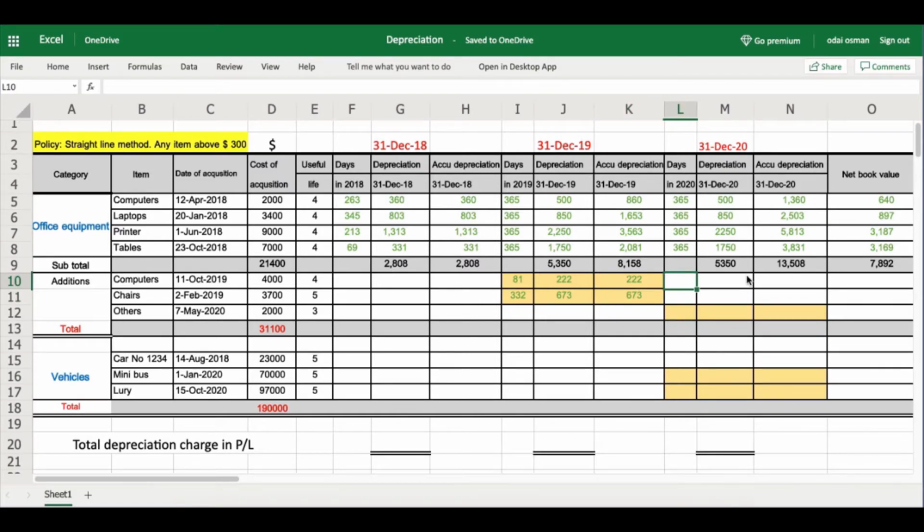In the next year 2020 we do have full depreciation, full year, 365, track it down. The depreciation would be equal to this divided by 4, gives us $1,000.